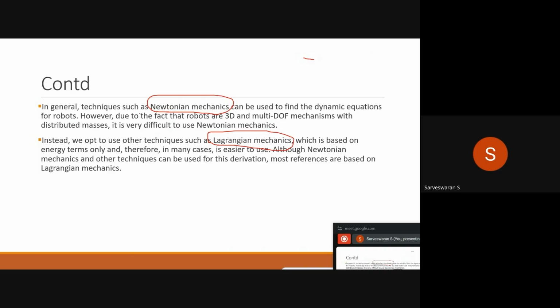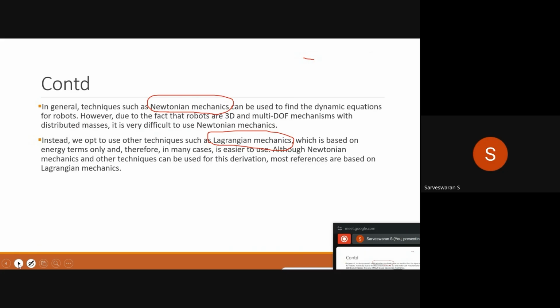In our syllabus, we are going to talk more about Lagrangian mechanics, which is about energy terms. Based on the energy terms, we will derive the equation of motion, and from there solve for the forces and torques. Since the joints are revolute joints, we will be calculating the torques at each joint.